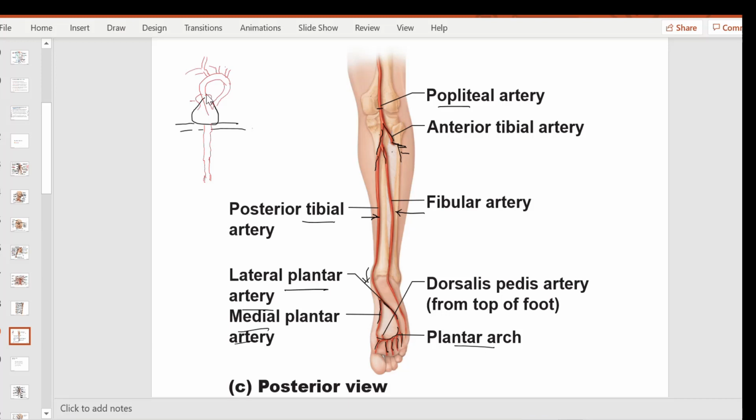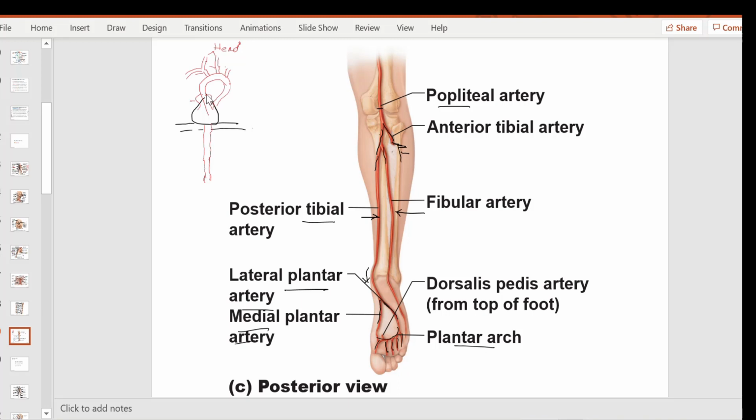So now you see, this is the left common carotid directly from the aortic arch, and this is the right common carotid from the brachiocephalic trunk. So we got two common carotids, right? And they go towards the head. Okay, and common divides into what? Internal carotid and external carotid.